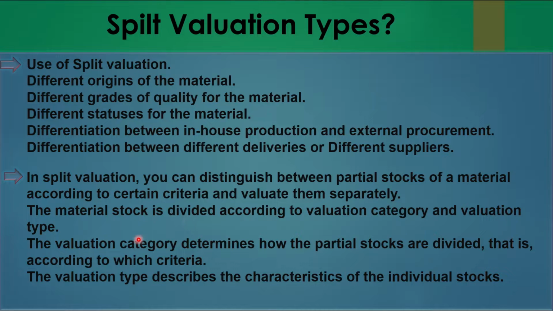The material stock is divided according to the valuation category and its valuation type, both of which we will cover next. The valuation category determines how the partial stocks are divided, that is, according to which criteria. That criteria is what we have seen here. Then the valuation type describes the characteristic of the individual stock, which we will see next.